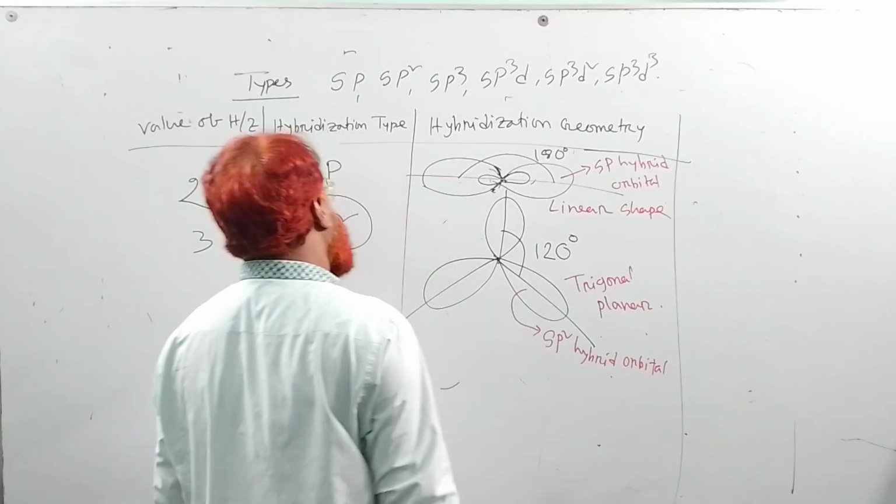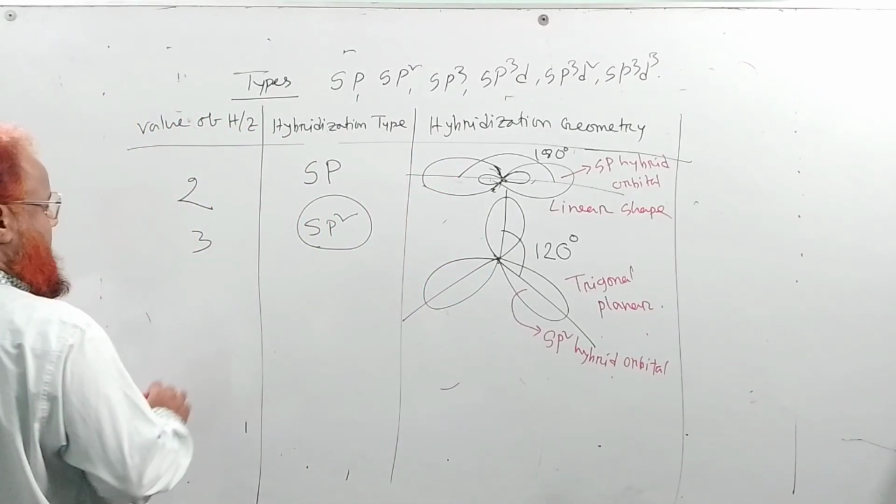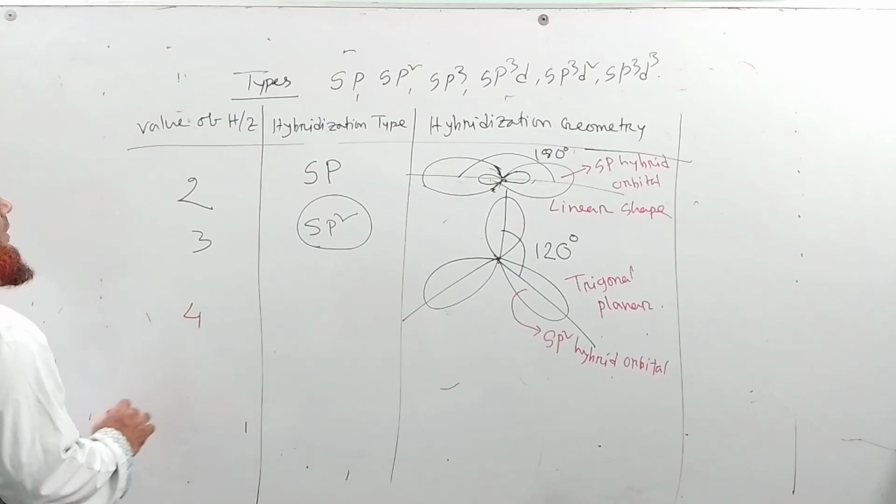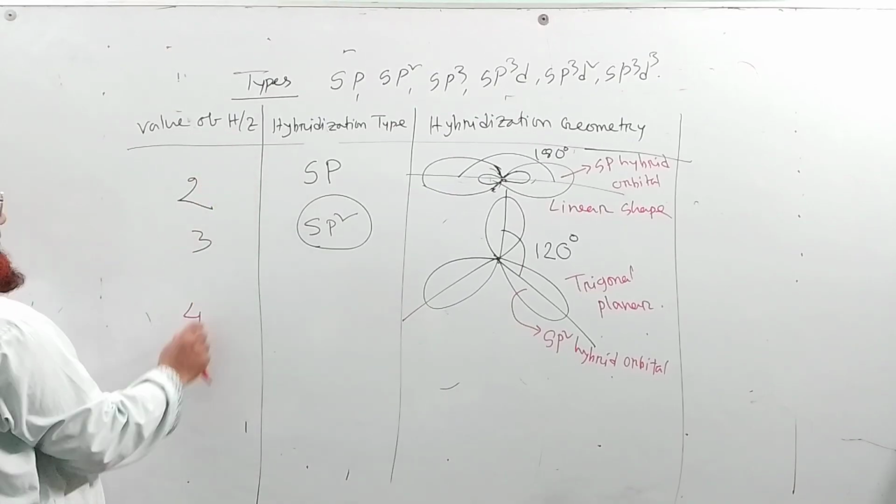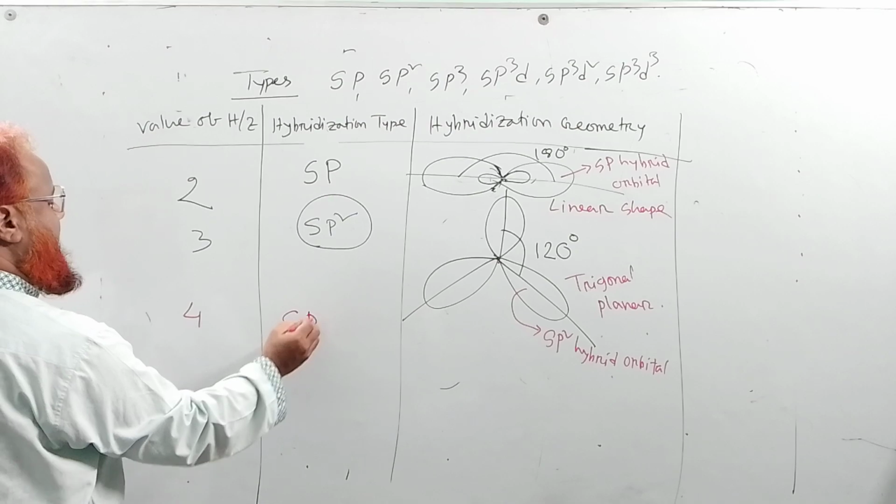Okay. Now, we will come to the next type, 4. If the value of H or Z is 4, then it becomes what? sp3.